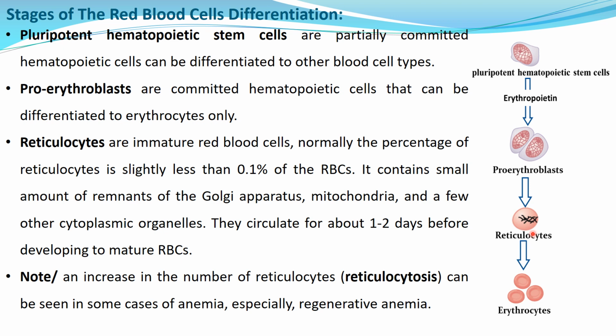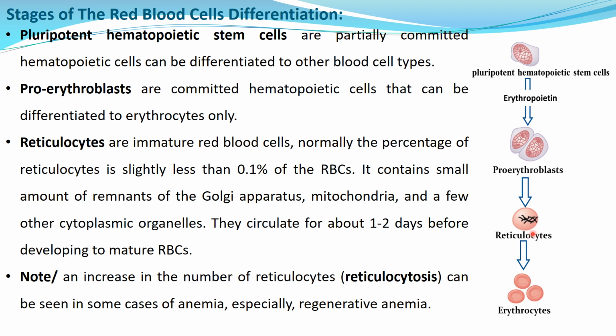So we have two main types of anemia. The first one is called non-regenerative anemia, and the second one is the regenerative anemia. The non-regenerative anemia is mainly related to defects within the bone marrow, while the regenerative anemia might be related to other factors such as iron deficiency, folate and B12 deficiency, and other factors.